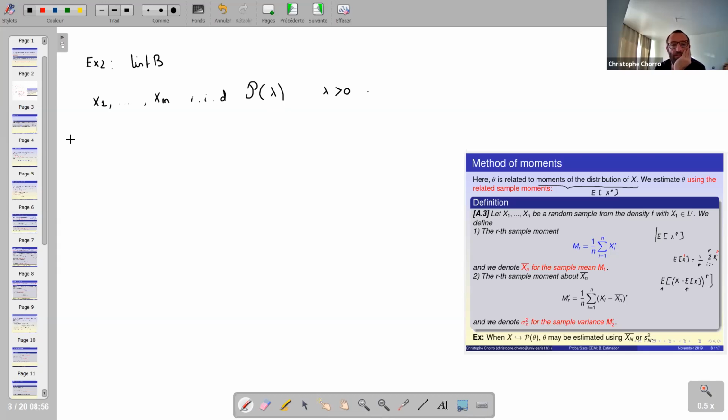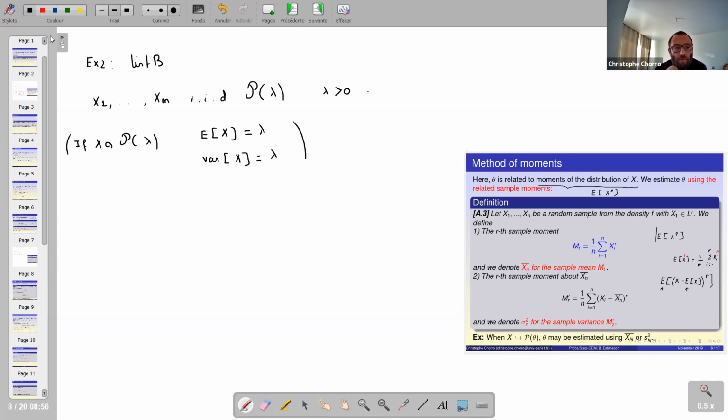I know that if x follows a Poisson of parameter lambda, the expectation of x is equal to lambda, and the variance of x is equal to lambda. I have these two equalities we have seen together in the part concerning discrete random variables.